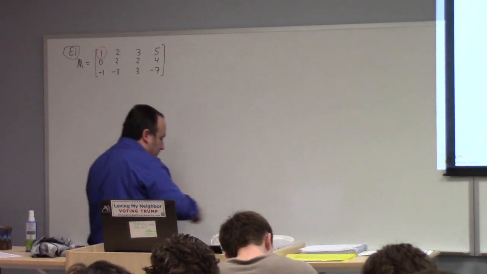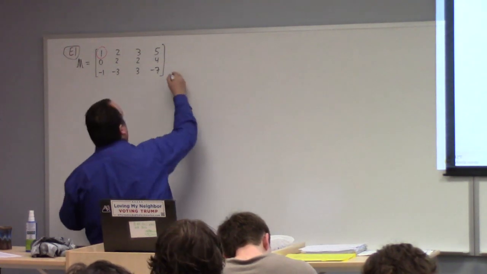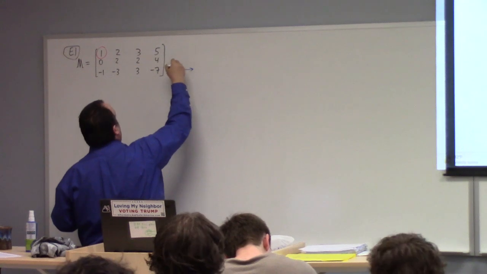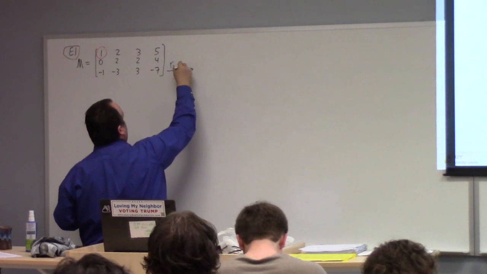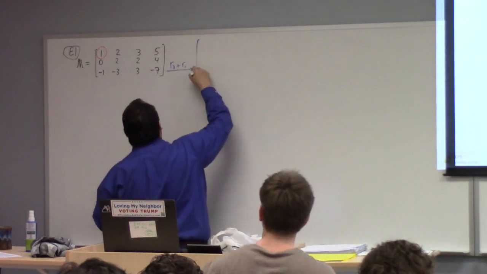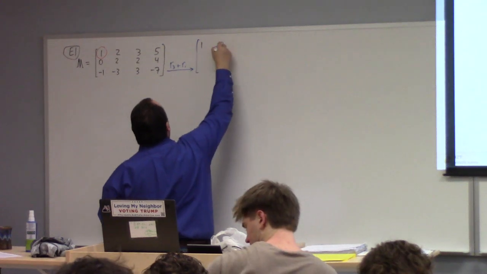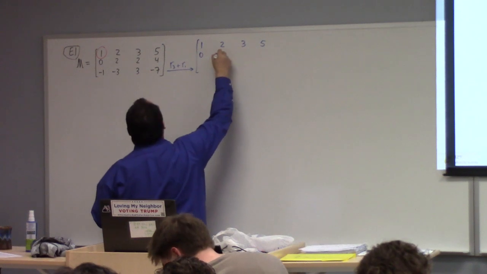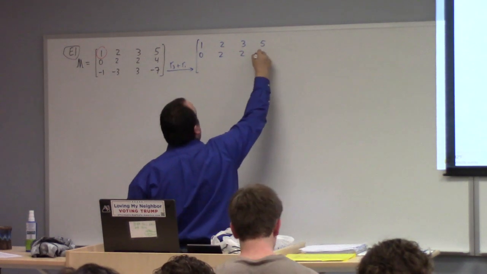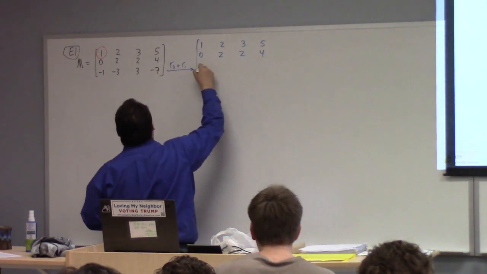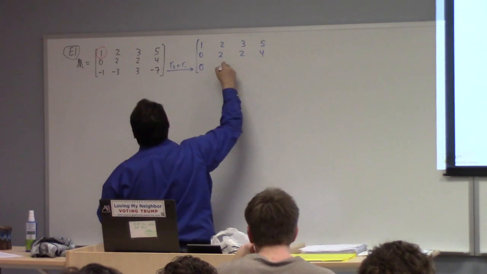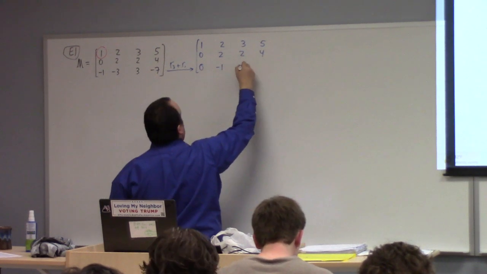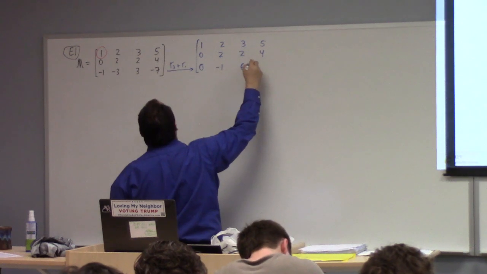So the first move here is row 3 plus row 1. So I have 1, 2, 3, 5; 0, 2, 2, 4; 0, minus 1, 6, and minus 2.